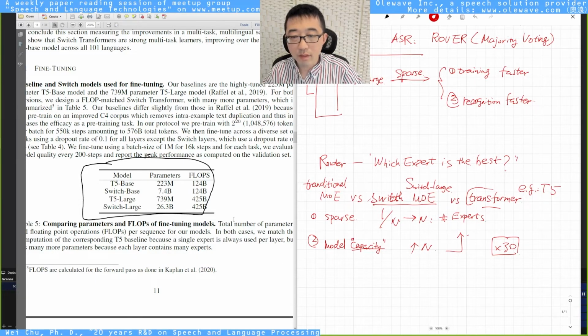But with a 30 times larger model, the FLOPs, which means the amount of computational cost needed to run the inference, of the switch transformer is only about 3 to 4 times more than the traditional transformer.